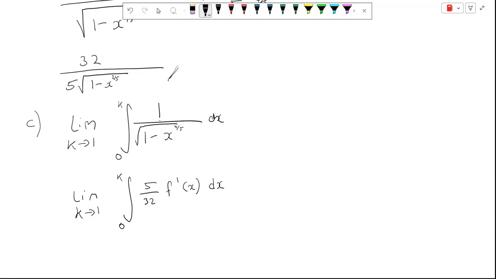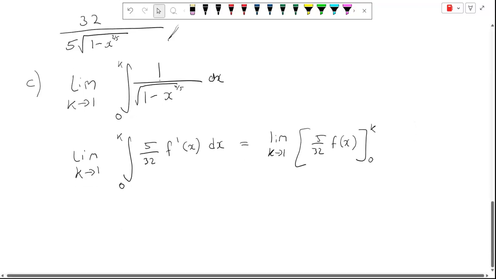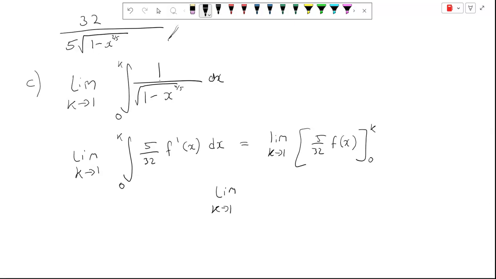And now, if I integrate that, that's just going to give me the limit as k approaches 1 of 5/32, and then when I integrate f dash of x, I'm just going to get f of x. And the limits are k and 0. And now let's work this out. I should probably just take the 5/32 out: 5/32 of f of k minus f of 0.